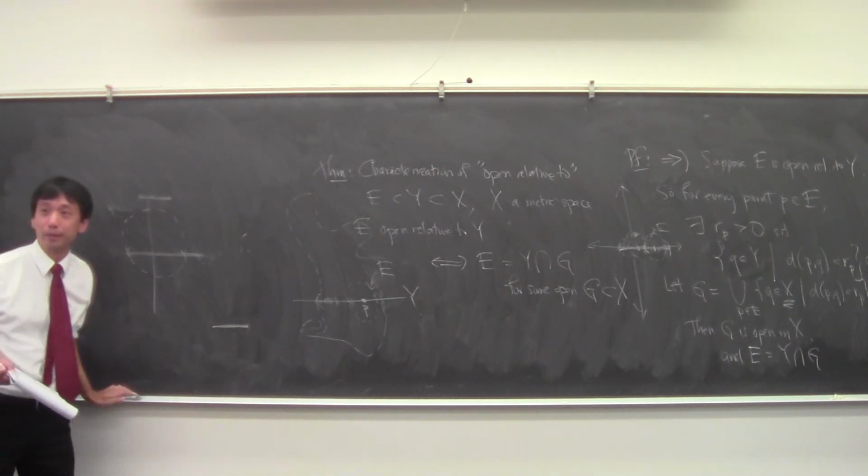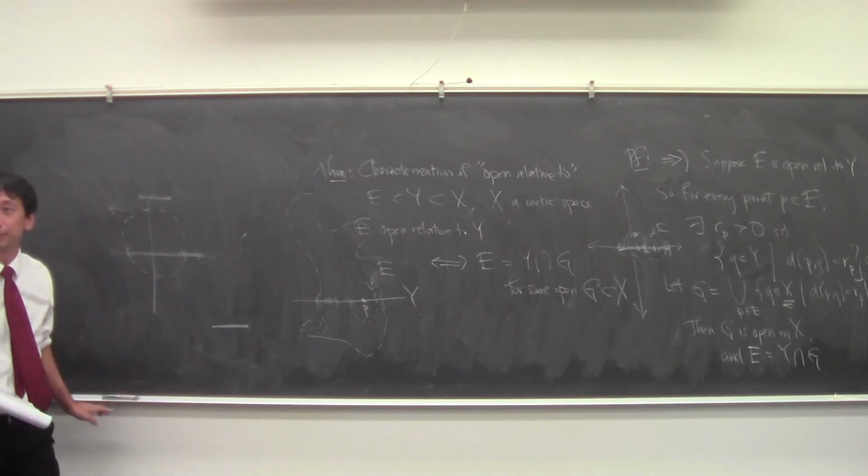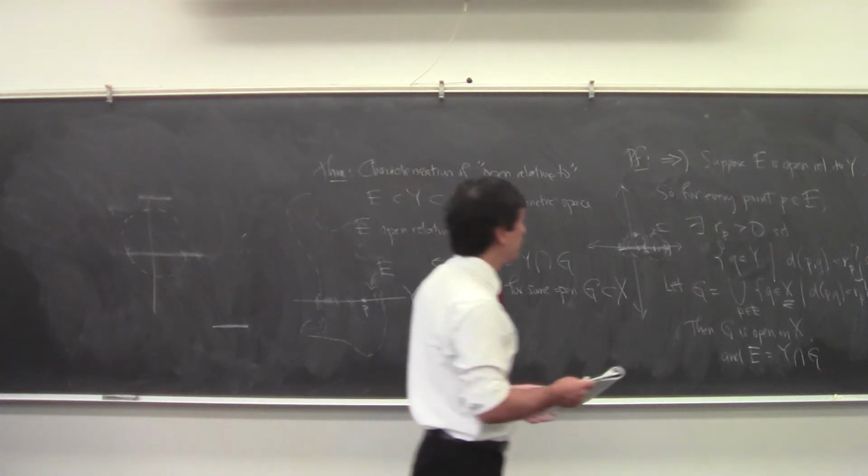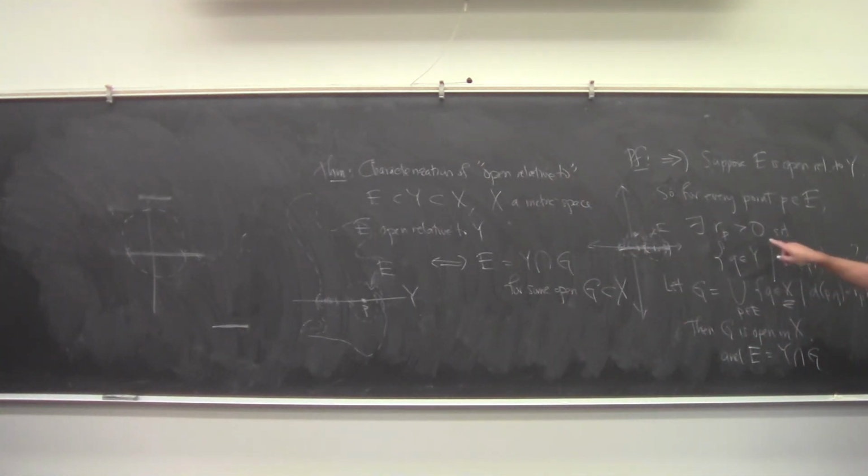Can you explain why E is necessarily the intersection of Y and G? Well, remember what E is. E is going to be the union of these intervals.